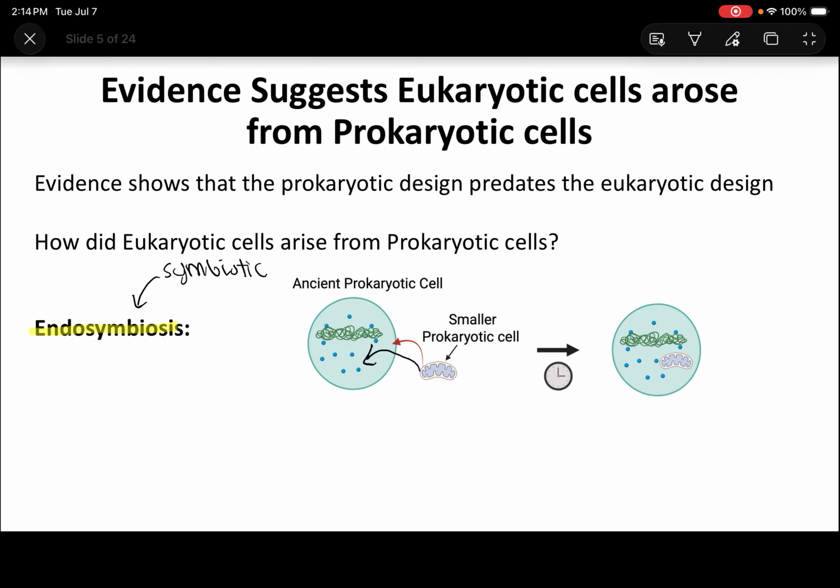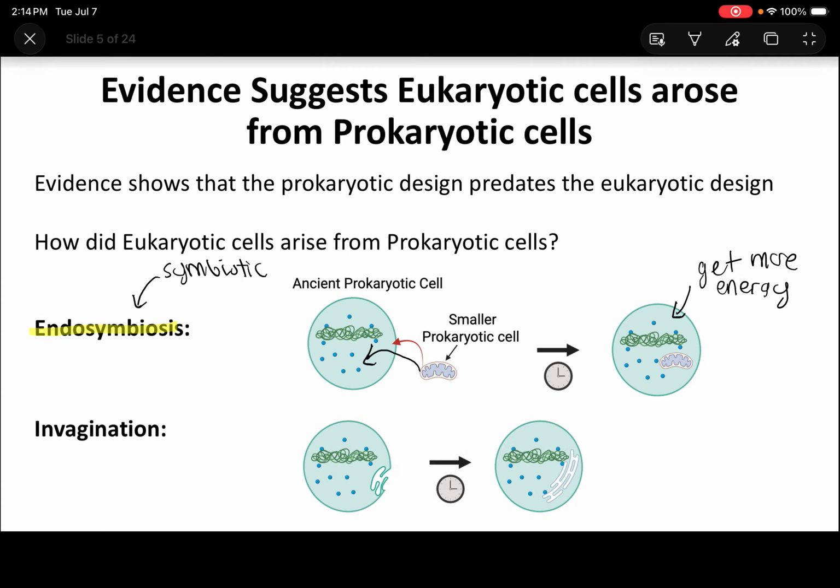And now they're mutually benefiting each other. Now this bigger cell can get more energy or have a place to store things. And so this is one idea of how we developed those membrane-bound organelles, how we have smaller organelles within the bigger cell overall.